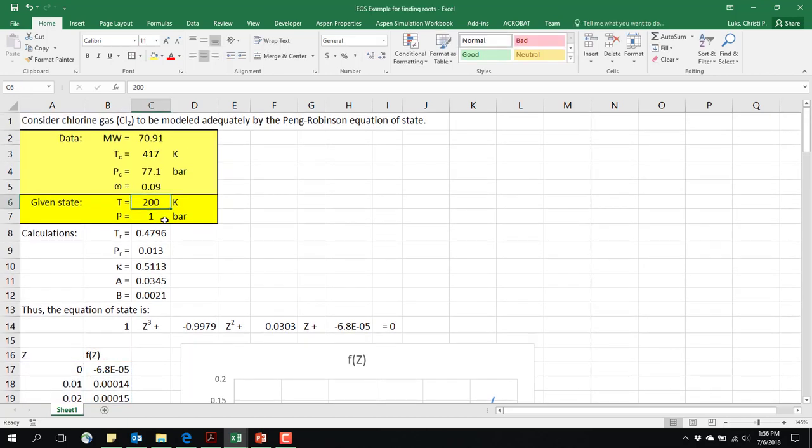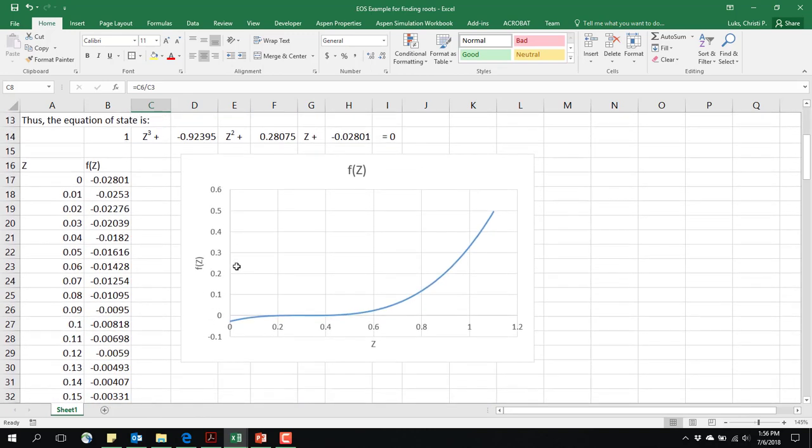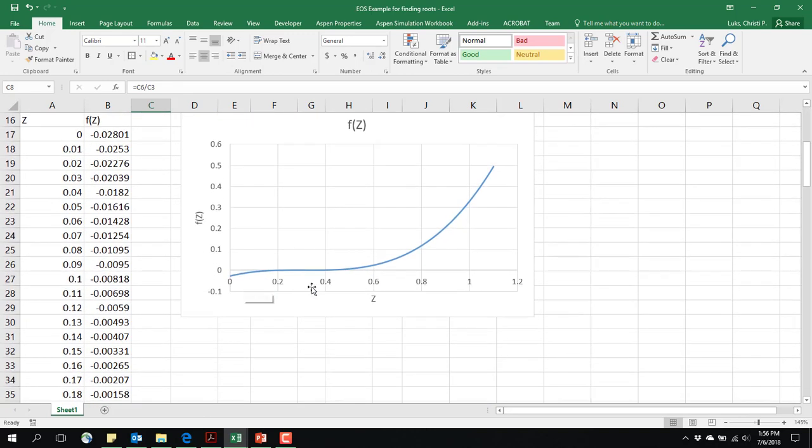But sometimes it's a little more unclear, and so I picked the case where the temperature is 415 and the pressure is 75 bar. And when I did that one, what I discovered is that I have this long, flat region of ugliness that I really couldn't visually tell you about. I could zoom in a little bit better.